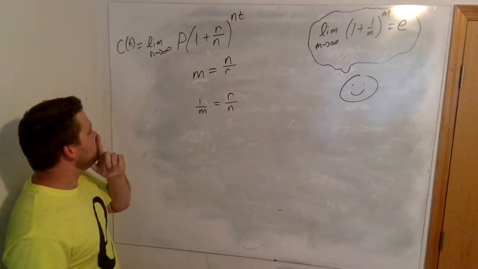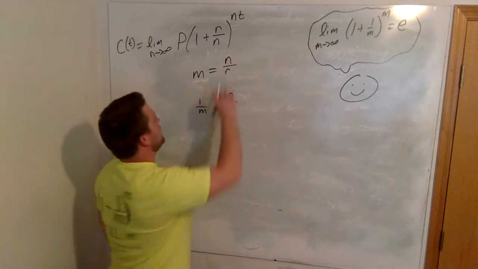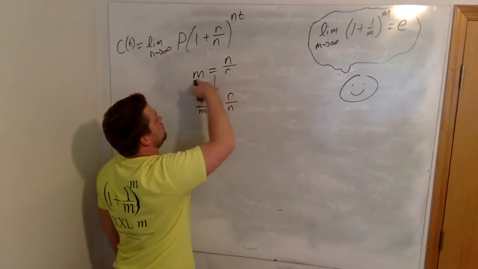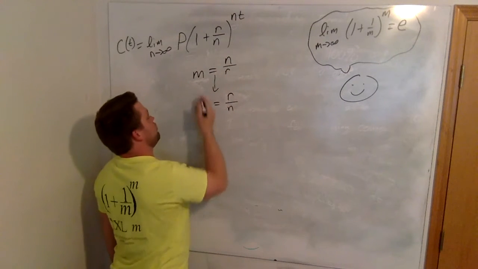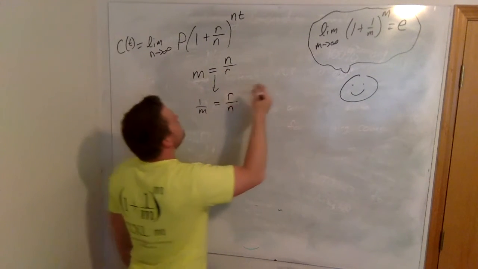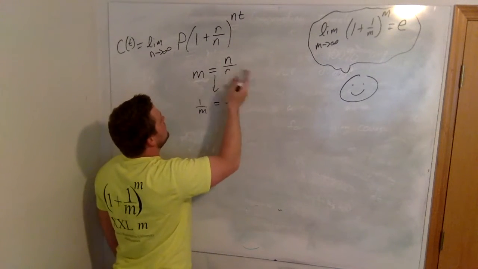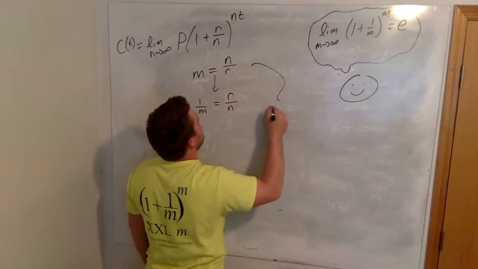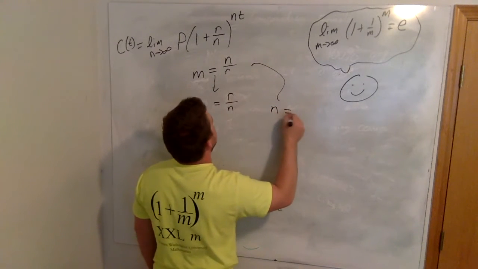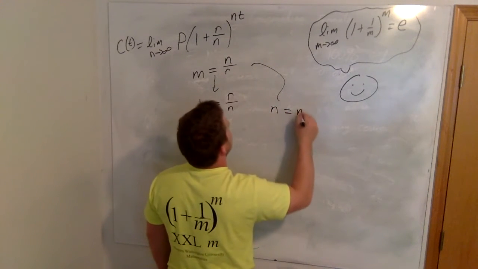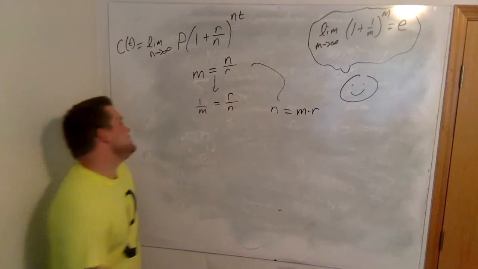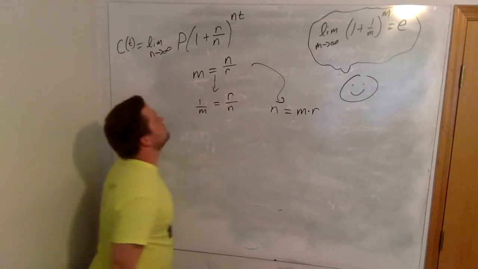Also, another thing to note: we defined m to be n over r, so 1 over m would be r over n. But also, if we multiply both sides by r, we have that n is equal to m times r. So maybe this will help us. We're making a replacement.